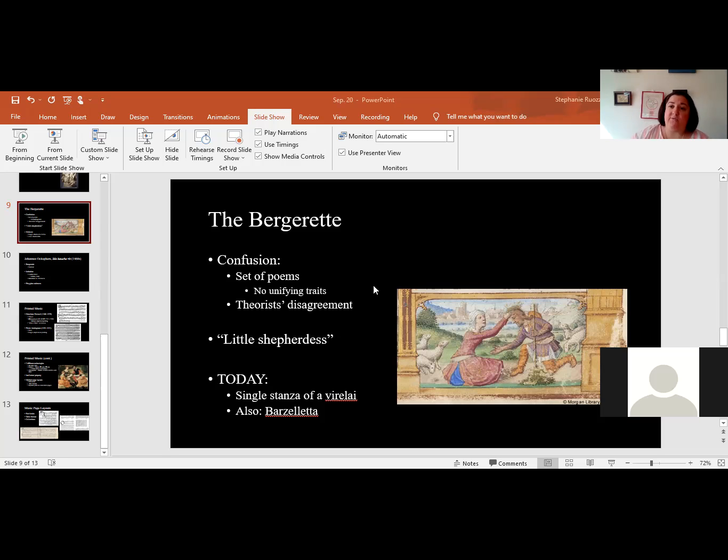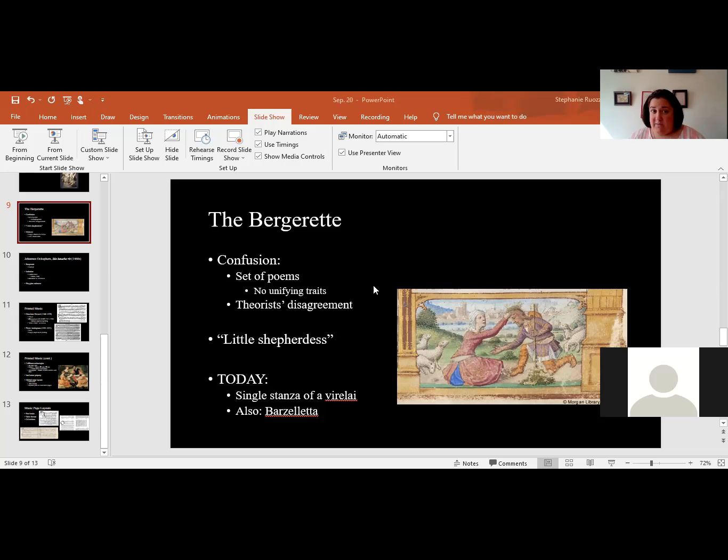Pass some more time, fast forward again, and we start to see the word Bergerette getting applied to songs about pastoral topics. The word Bergerette literally means little shepherdess. And so there's songs about, oh, little shepherd girl or a little shepherd boy, and these idyllic topics, these natural, oh, they're out in the fields kind of things.